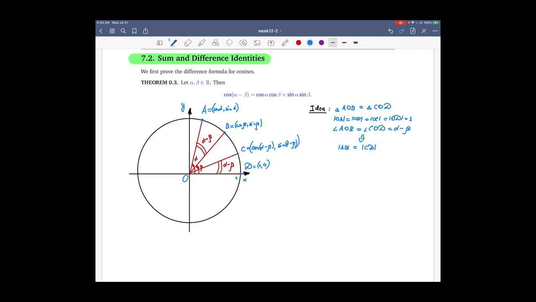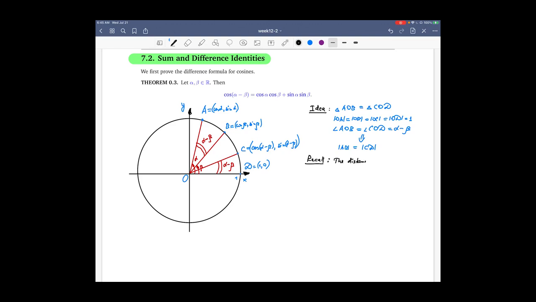We are going to express these distances, AB and CD, through the coordinates. We will need to recall one fact that I hope you know from your previous math classes. How do we express the distance between 2 points given by their coordinates?